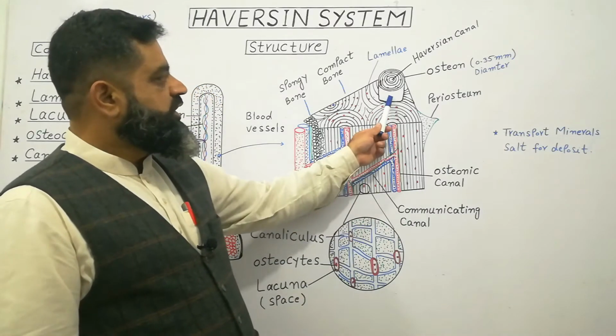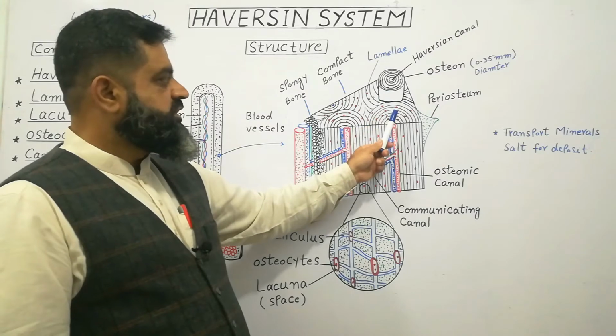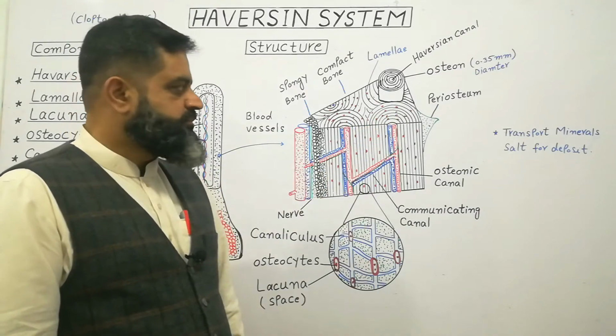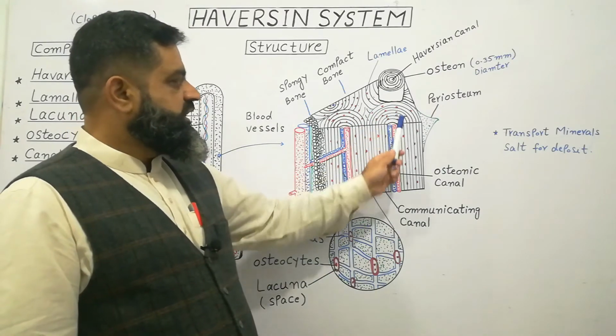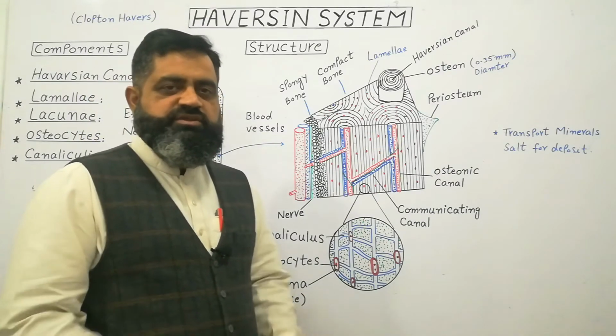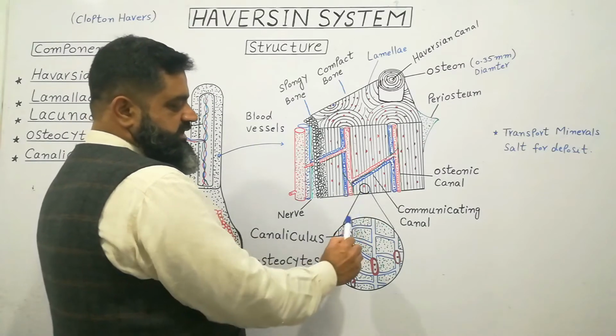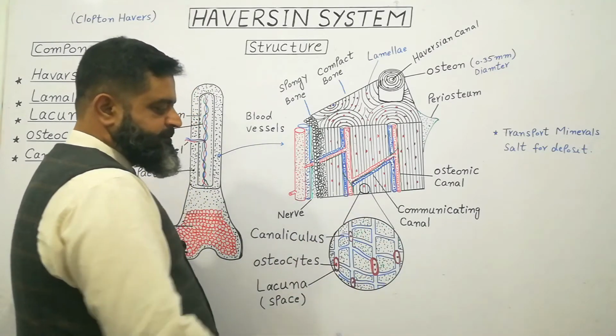If we take out one osteon, you can see in this diagram there are many osteon units present in compact bone. These osteons contain lamellae, which are concentric rings of membranes. I have taken a small piece of these lamellae and enlarged it with a diagram.